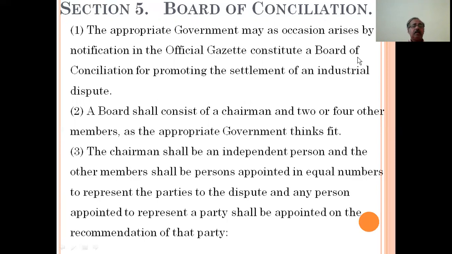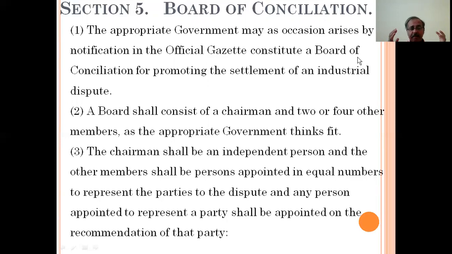So as per section 5, the central government, the appropriate government, as the occasion arises, if there is any necessity, by notification in the official Gazette, constitutes a board of conciliation for promoting the settlement of an industrial dispute. The board shall consist of a chairman and 2 or 4 other members, as appointed by the appropriate government.